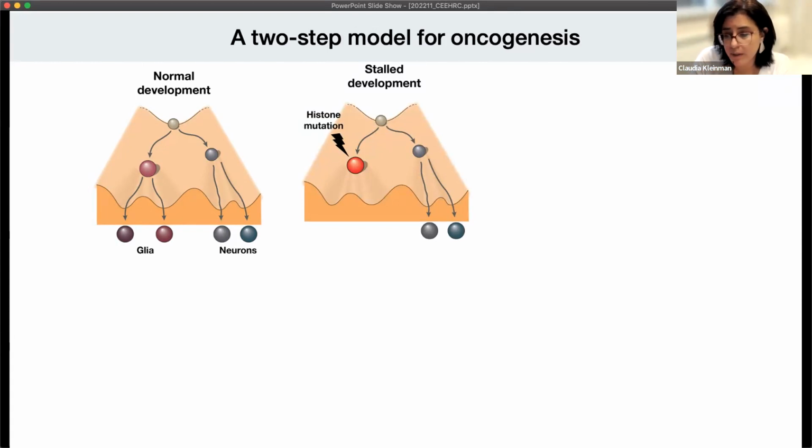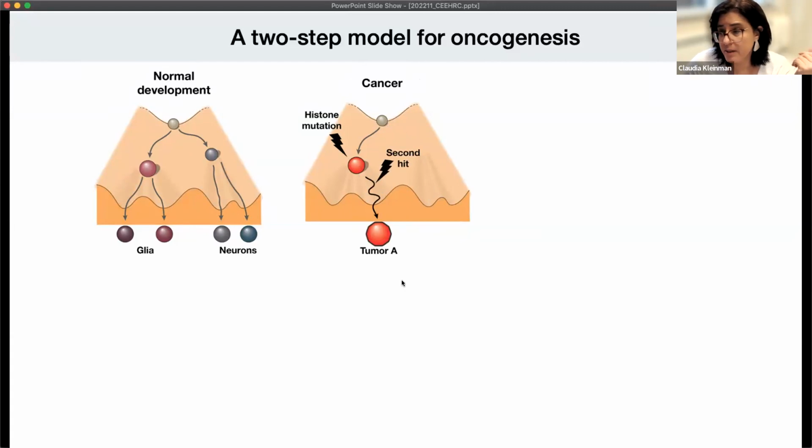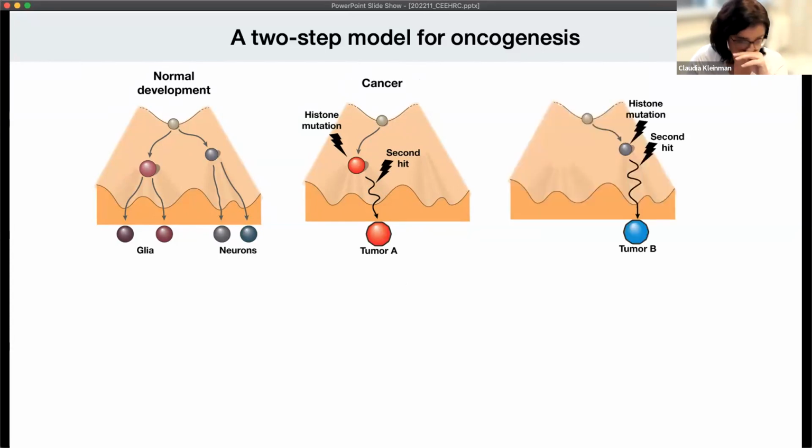If you think about it, these early progenitors are quite close to a cancer cell in the sense that they self-renew, they proliferate, they migrate. So all they need afterwards is a second hit to produce a full-blown transformation. One important part of the model we are working under is that different lineages and different progenitors will give rise to different tumor types.